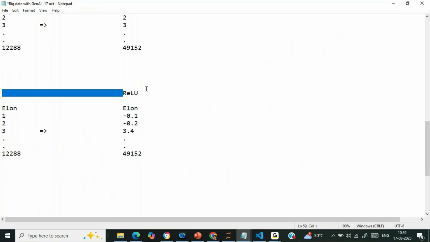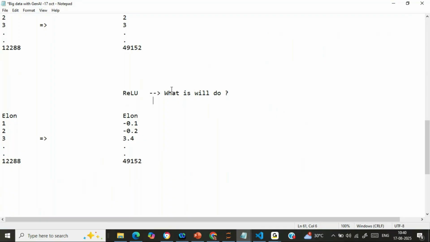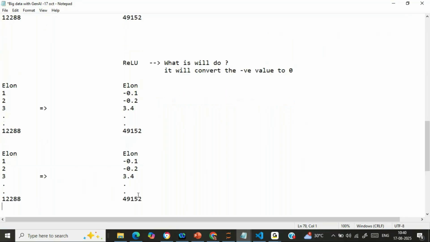The ReLU function is applied onto the output which we got from the matrix multiplication, and it converts the negative values to 0. Now the output will be like this.